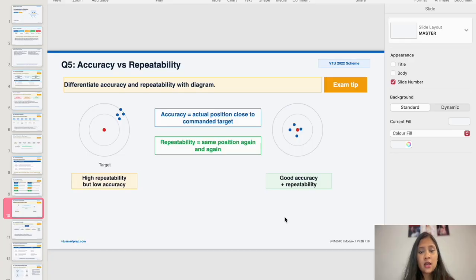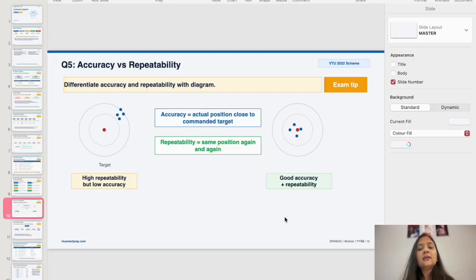So next we have accuracy versus repeatability. This is a commonly asked short note question where you have to differentiate between accuracy and repeatability. With the diagram you can remember this and explain the answer. So here accuracy means how close the robot reaches the actual target point, and repeatability means how consistently the robot reaches the same point again and again.